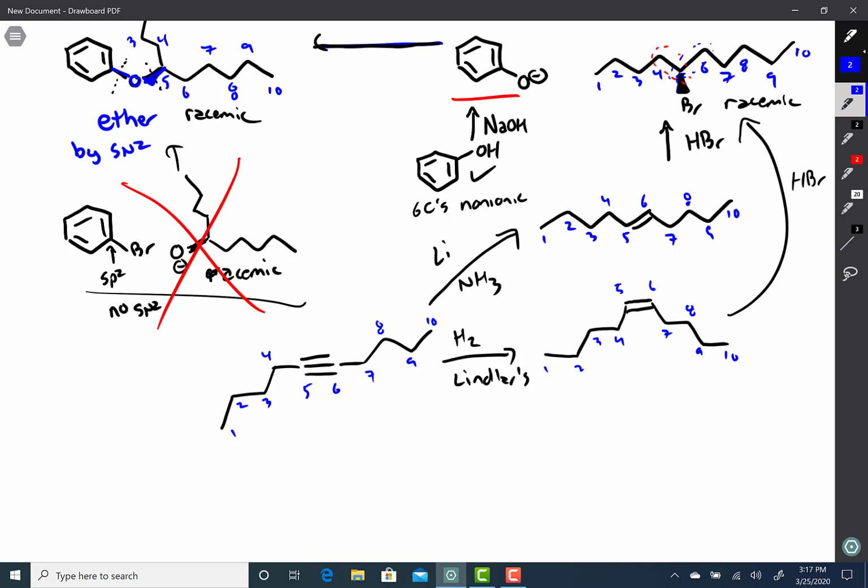And there are two ways of making this alkyne. We make alkynes by an SN2 reaction. And so you cut the carbon-carbon bond next to the alkyne.